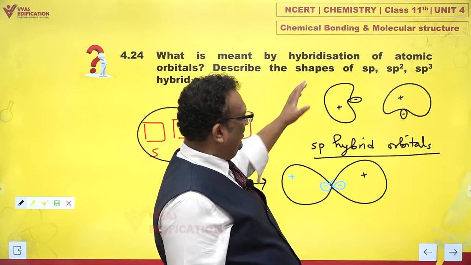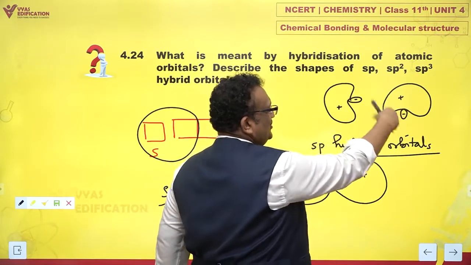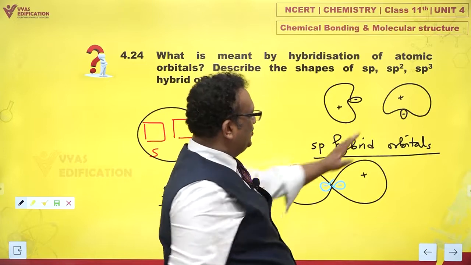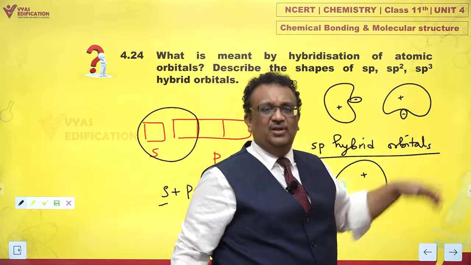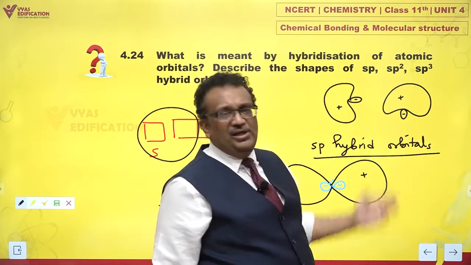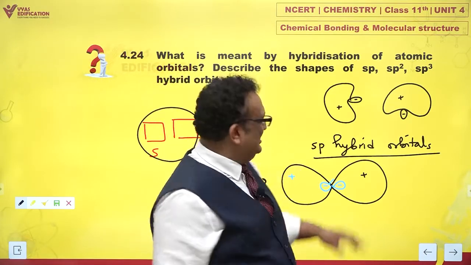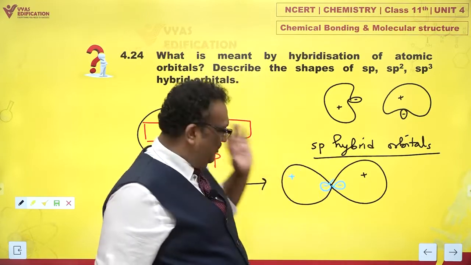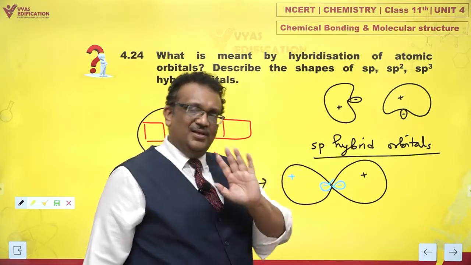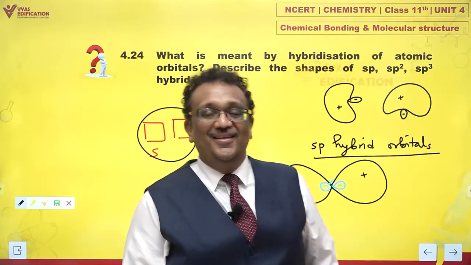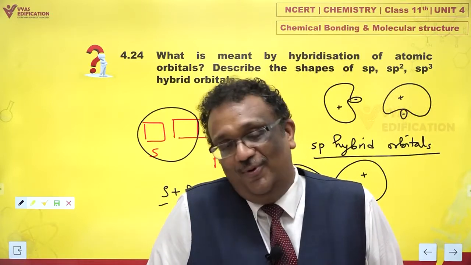This looks better. This portion is symmetric to this portion. This is more accurately the shape of a hybrid orbital. It is not like p orbitals. But since it is difficult to draw, people approximate and just draw like this, and it is sufficient. This, my dear, is how you draw hybrid orbitals.